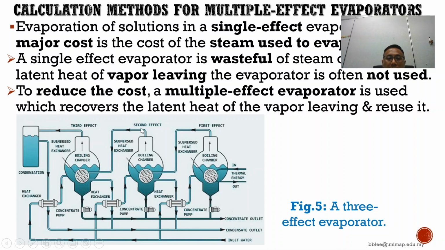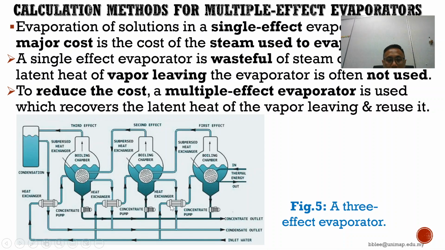Then the vapor coming out from the second effect will be used as a heating medium to heat the third effect, and then the vapor will be condensed and we can collect the condensed vapor. Finally, from the third effect we get a very pure vapor coming up from here.